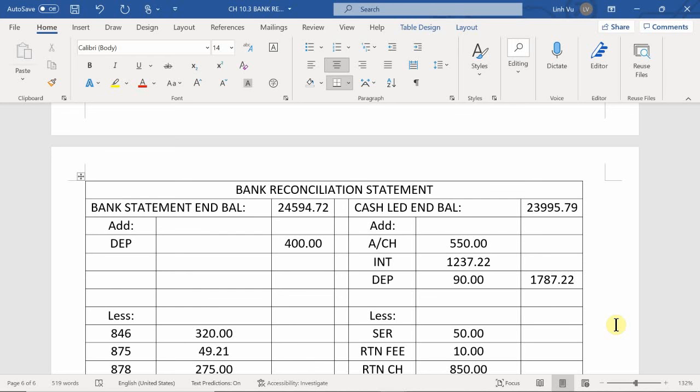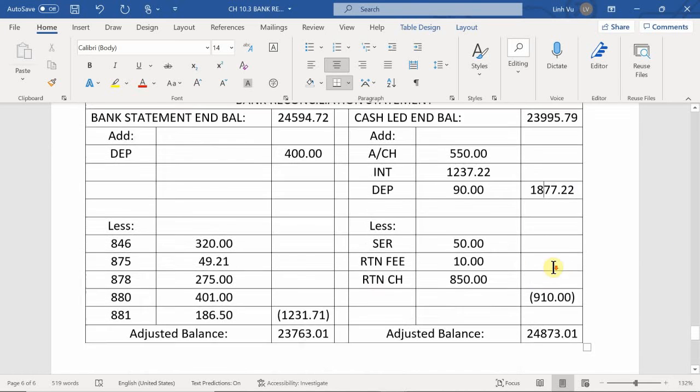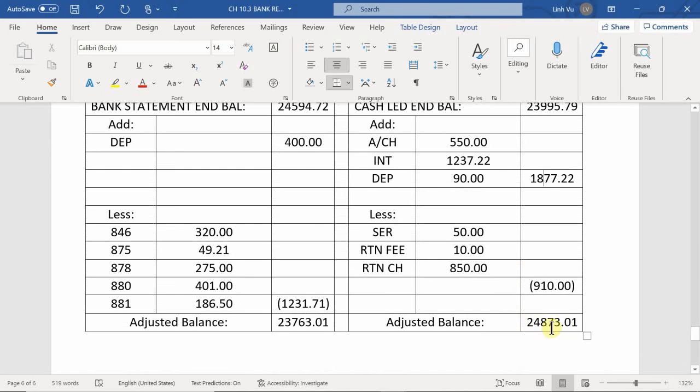Let's make this 7, let's make this 18, 1877. So that changes my number by $90. So that gives you 24,963.01.